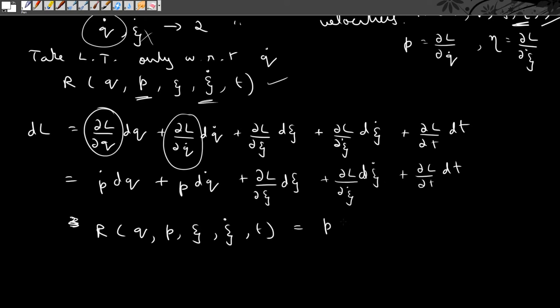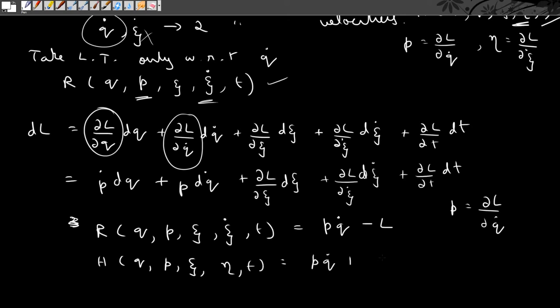So this should have the form p q dot minus L. We know how to find the Legendre transform: we maximize the function p q dot' minus L of q dot', and the maximum occurs at the value of q dot such that p becomes equal to ∂L/∂q dot. That is how we take the Legendre transform. If you do not know, please refer to the videos from the maths playlist. And our Hamiltonian, a function of q, p, xi, eta, t, was defined as p q dot plus eta xi dot minus L.